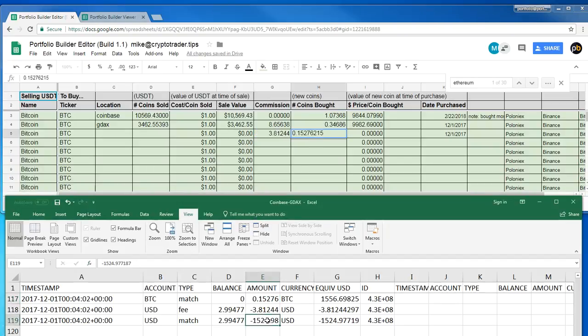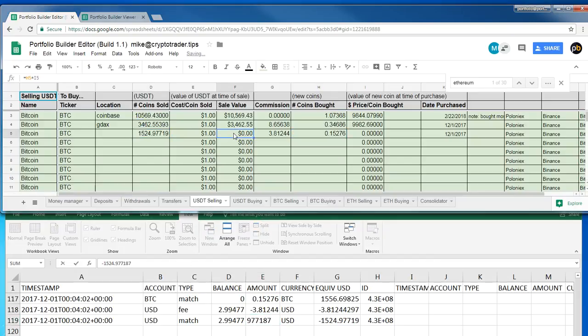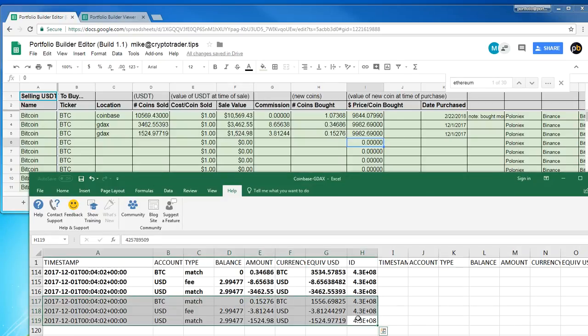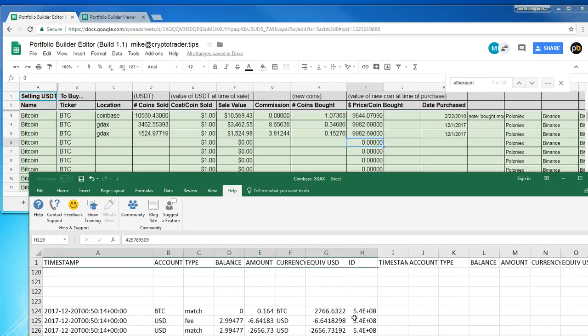Grab the cost and the amount of coins sold. Equals, select that, divide by, boom. So now I'll highlight that as complete.